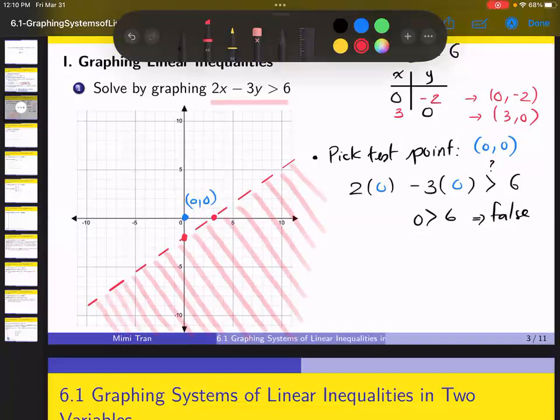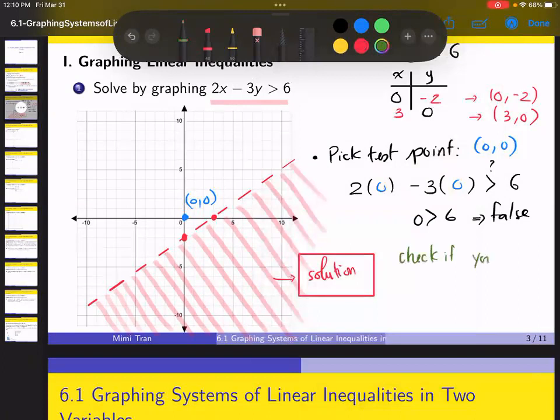Unlike an equation, how many solutions do I have here? Infinitely many. And you can check whether I'm shading the right side.